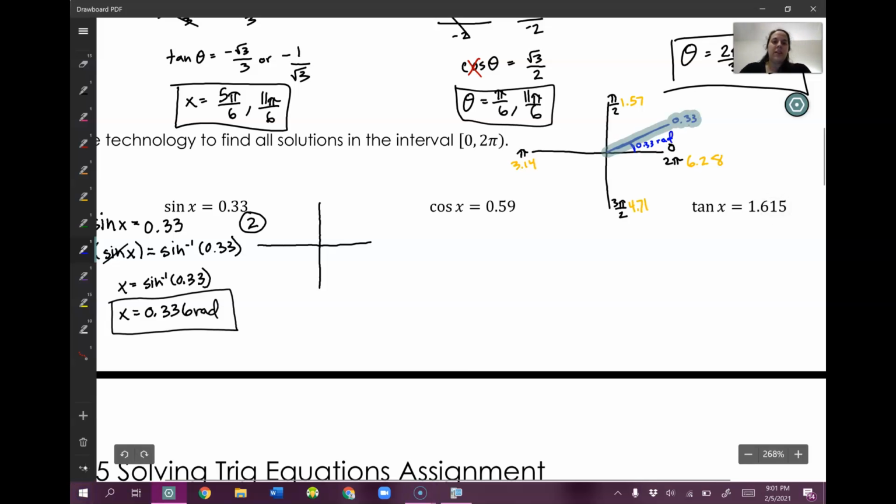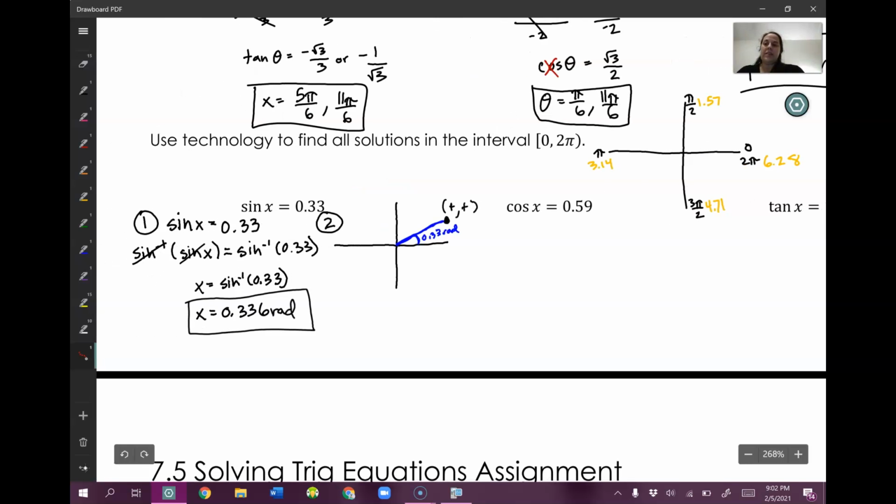So I'm actually going to take this 0.33 radians and copy it over here to my second step. Right there. I know that is 0.33 radians. Now, the point right here is going to be a positive point. And I can just pull that from my unit circle. All the points in this corner will always be positive.